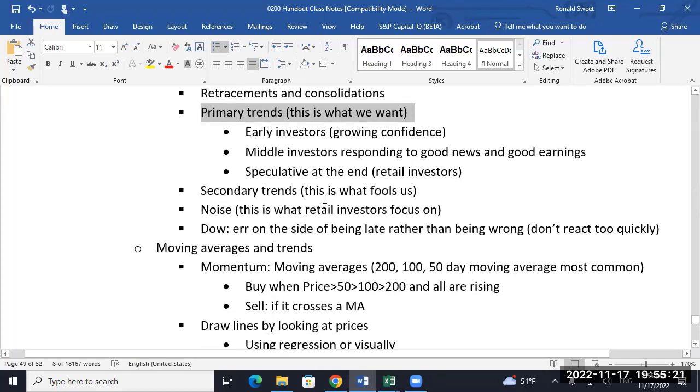And the primary trend is you have the institutional investors coming in. They're starting to make trades. There's a growing confidence. The middle investors start trying to get in and make their bets. They're a little late. They feel like, you know, what is FOMO? Is that what it's called? FOMO, fear of missing out. So they start coming in. And then at the end, they were making money.